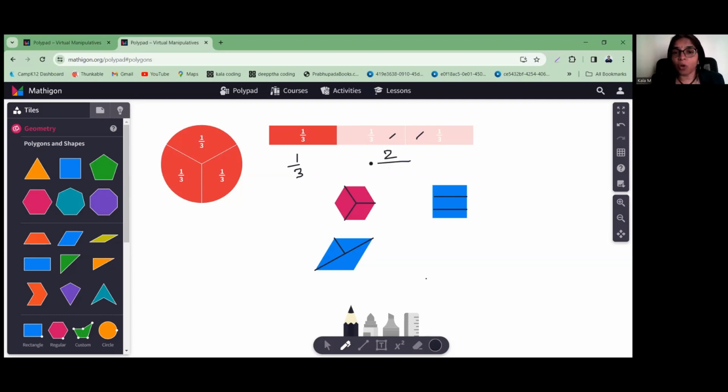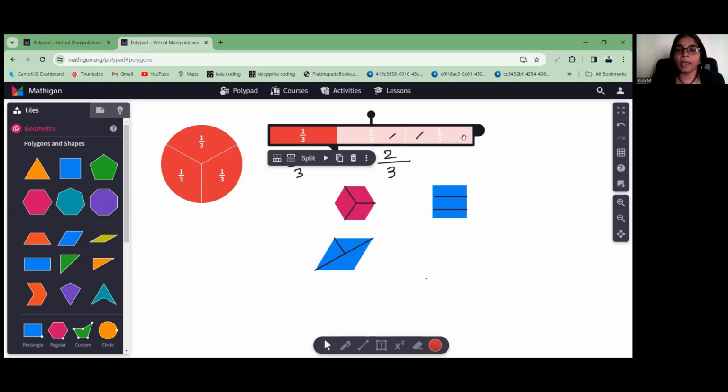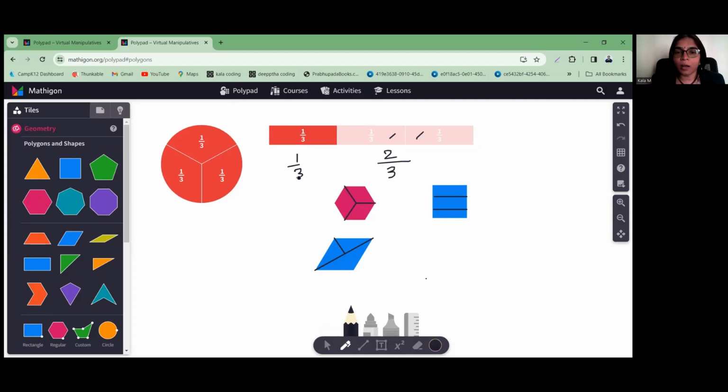But it is always the third, meaning the bottom number that we are writing is always about how many pieces this entire whole was cut into. When I say this entire whole rectangle was cut into three pieces, I will write this three in both places at the bottom.